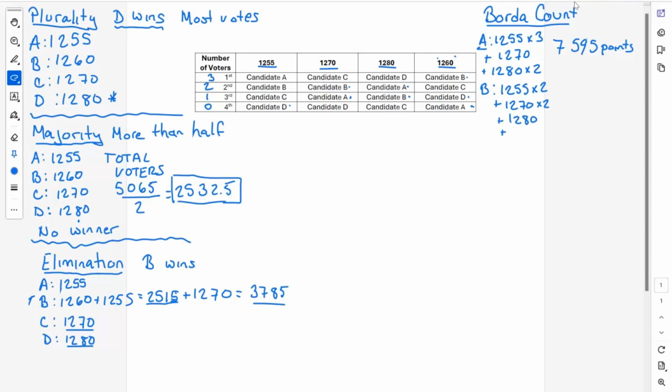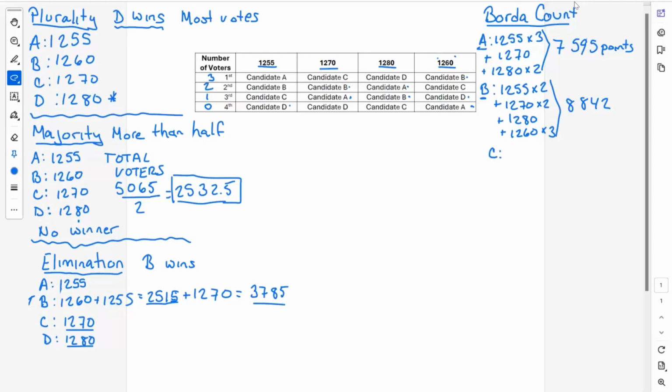And then finally, for these 1,260 folks, candidate B was their first choice, so they get 3 points for each of those. So that's for candidate A. Here's candidate B. If we do 1,255 times 2, plus 1,270 times 2, plus 1,280, plus 1,260 times 3, we end up with 8,842 points. Okay. So B is beating A, but let's see about candidates C and D.